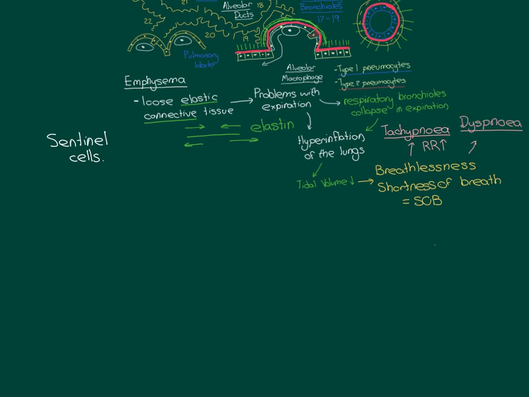They are ready, waiting, observing, looking for any signs that there is some pathogen or something very dangerous to the body around. And if they find such a thing present, they will call for help from the immune system, bring in a whole bunch of troops that will hopefully be able to destroy that dangerous thing.